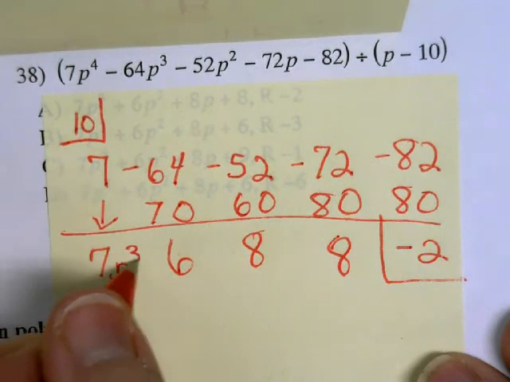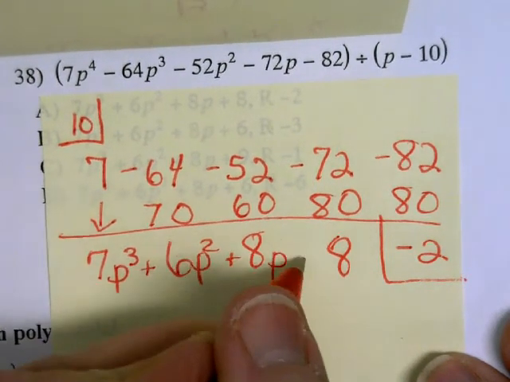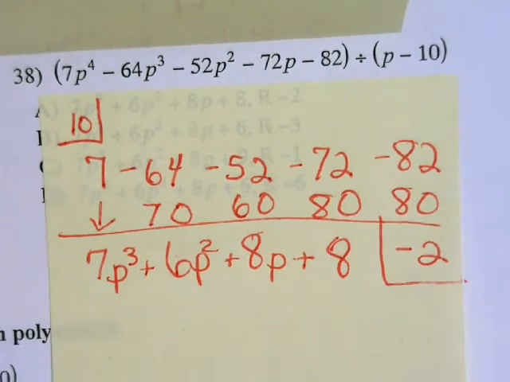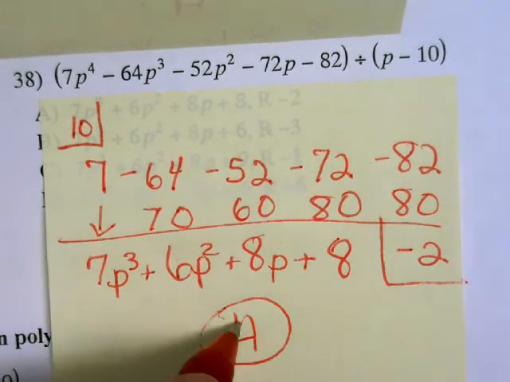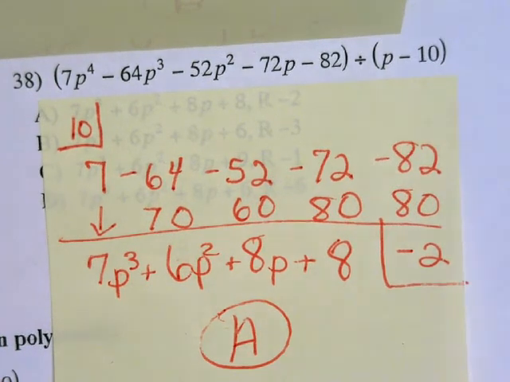So this is a p. So this is p to the third, p squared, 8p plus 8. So I can take my coefficients and write my polynomial right there. Hey, it is. Here you go.